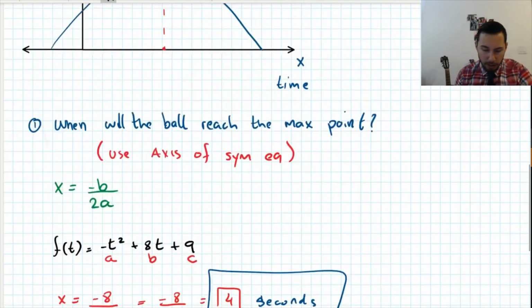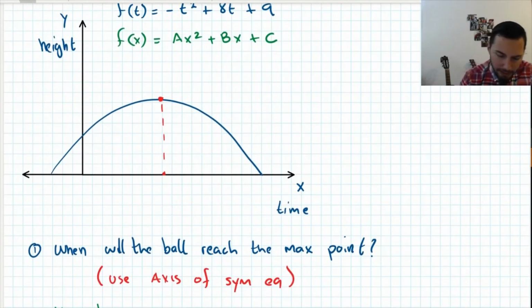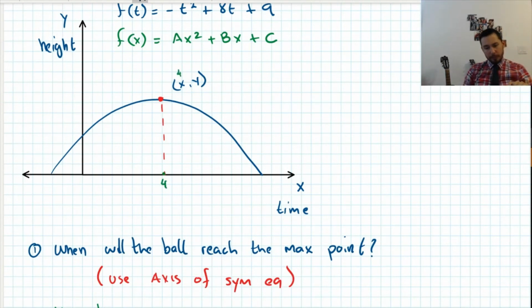So I look at my graph again, and I'm reminded that my vertex is some x comma y, and I already got the value for my x. I know that my x is 4. This down here is 4. I was able to find out that my maximum happens at 4 seconds.